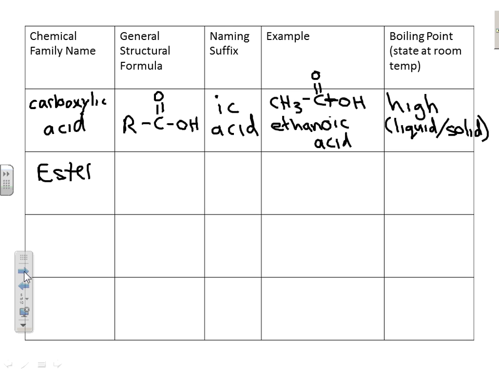And again, notice I have an H here, just like I've been doing. As I move down, I've been swapping out the H for R groups, for more carbons on the back end. Now, the name for this is also very complicated, because the name comes from the two things that we put it together with.